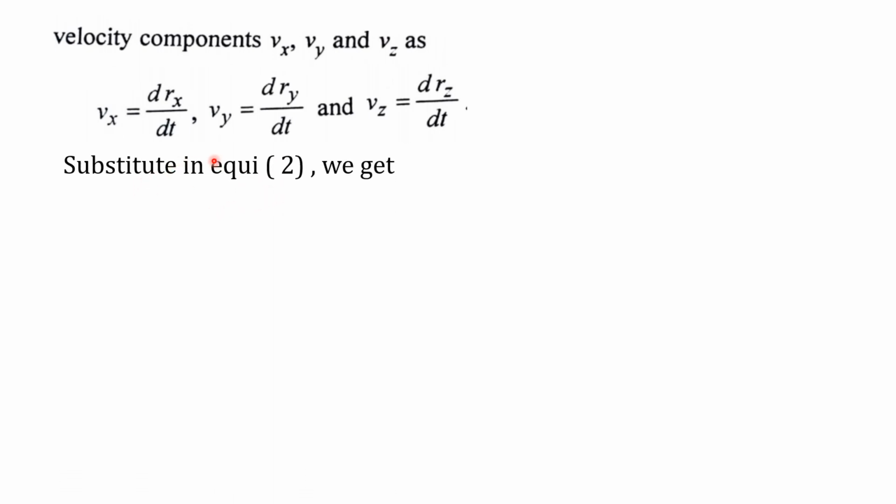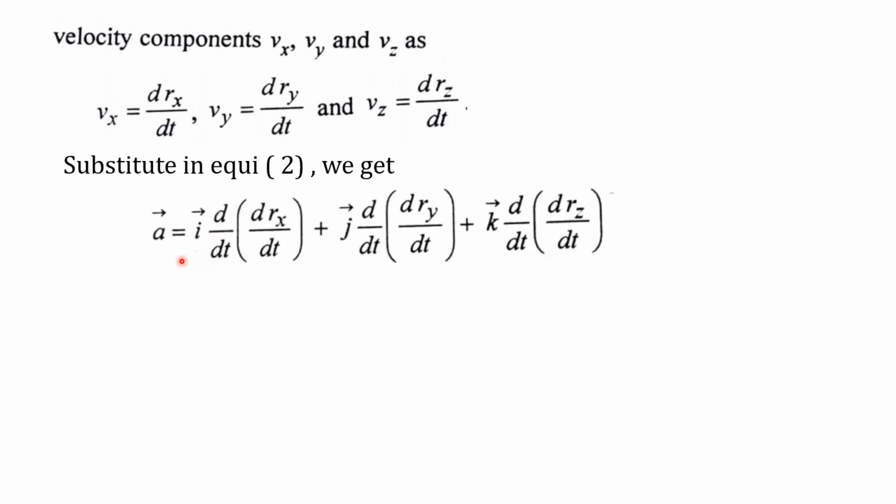We substitute those terms in the earlier equation, and we find vector A equal to i d by dt of Vx. Here for Vx we substitute drx by dt, plus j d by dt of Vy, where Vy is dry by dt, plus k d by dt of Vz.